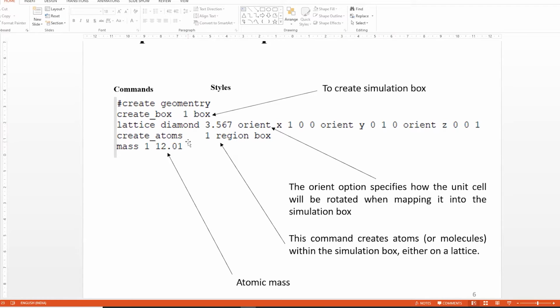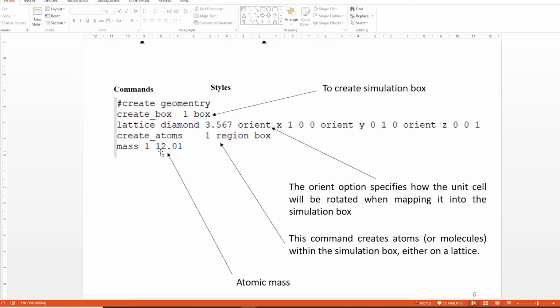Then we are creating the atoms. Okay. So in that box, we are defining a region. We are giving the name region. Okay. And at present I have only one region in my cell. Okay. I have one box. In that box I am going to create atoms. Okay. So what element you are using? Suppose somebody is taking beryllium, so you can use your beryllium. So you have to define in the next line the atomic mass of your atoms. Okay.